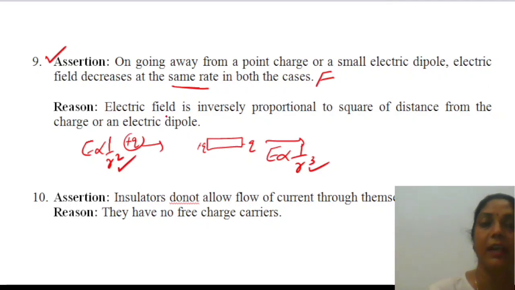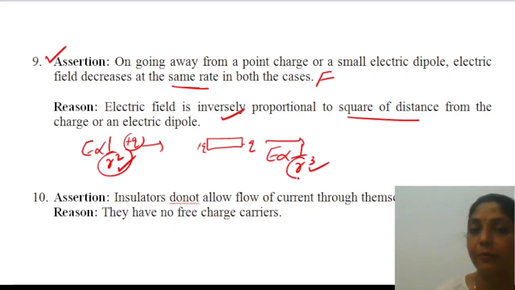Reason: the electric field is inversely proportional to the square of distance from the charge or an electric dipole. In both cases, the electric field is inversely proportional to the square of distance? Inversely proportional is correct, but not the square of distance. In case of a point charge, it is the square of distance, but in case of an electric dipole, it is the cube of that distance.